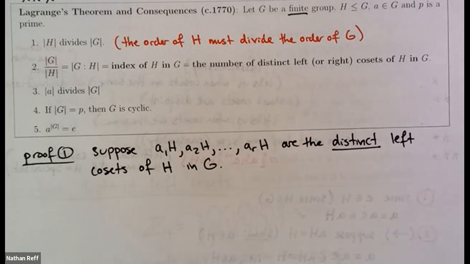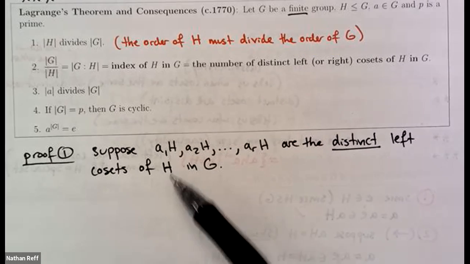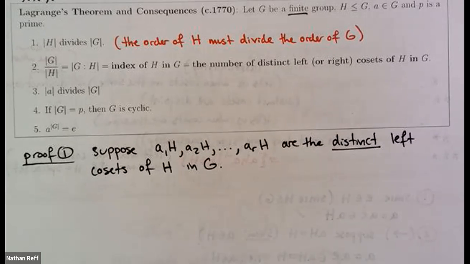Every element of the group has to belong to some coset, and there are some distinct ones out there. There may only be one, but you definitely have to have a list of distinct left cosets. Okay, so everyone should agree that you should be able to do that.